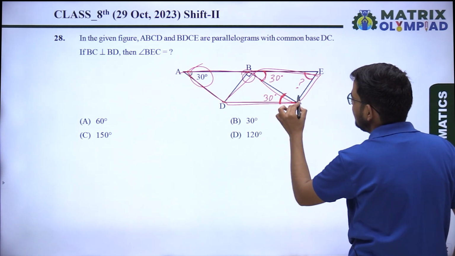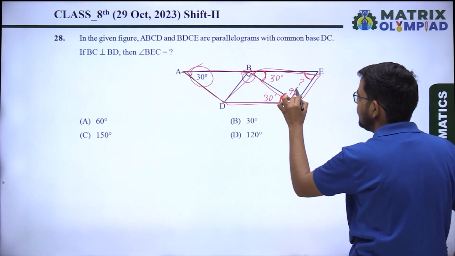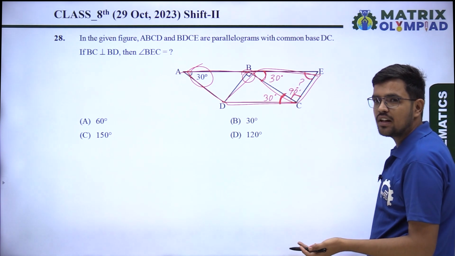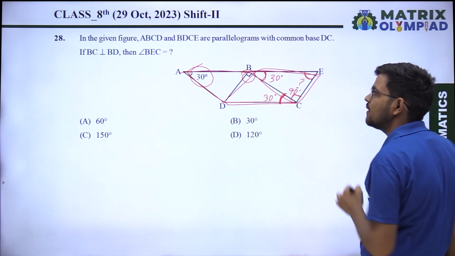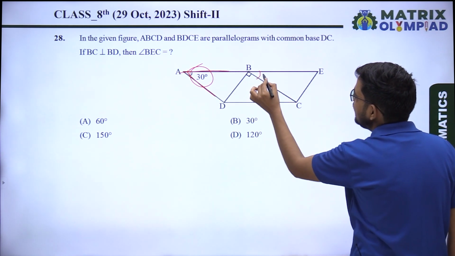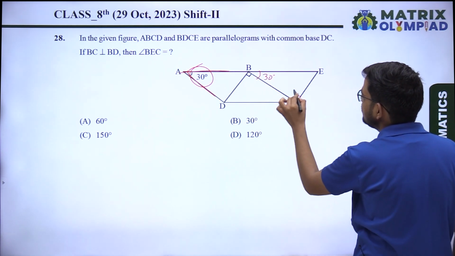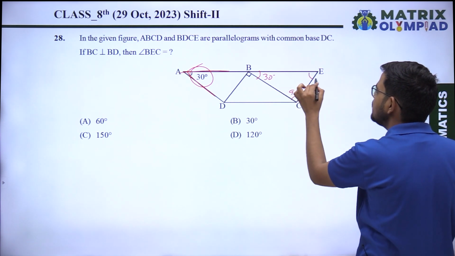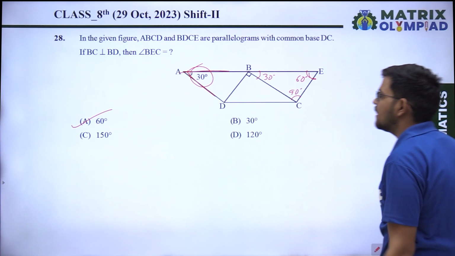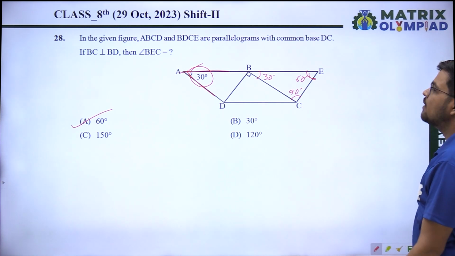If this angle is 90 degrees, then this angle is also 90 degrees. Why? Because DB is parallel to CE, opposite sides of a parallelogram are parallel, and BC is a transversal. So this angle is 30 degrees, this angle is 90 degrees. Then what is the measure of this angle? This angle will be 60 degrees. Option A is the correct answer by the angle sum property of a triangle.